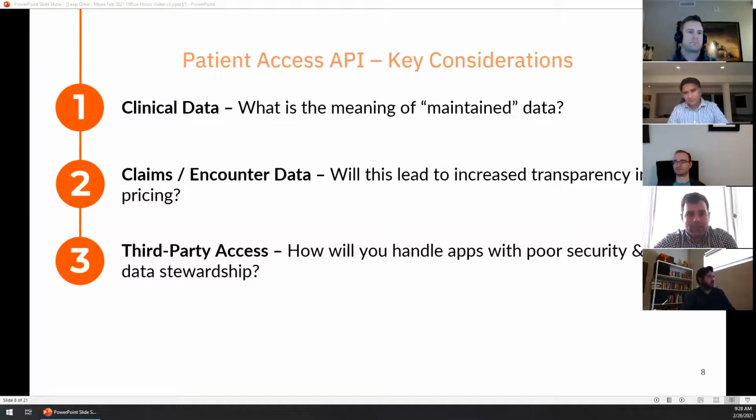These third parties are not covered entities; they're not business associates, and the gate's being closed behind this data once it's out of the barn. And so I think it's an ethical question. It's something that every plan is probably grappling with right now: how do you empower patients on the one hand, but protect them from all the risks that come along at the same time?